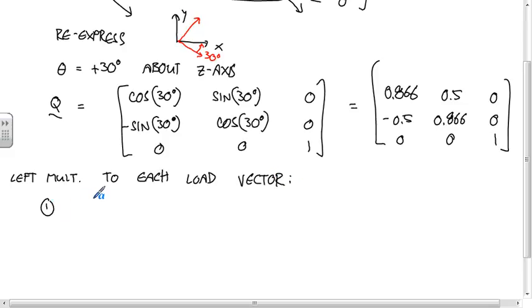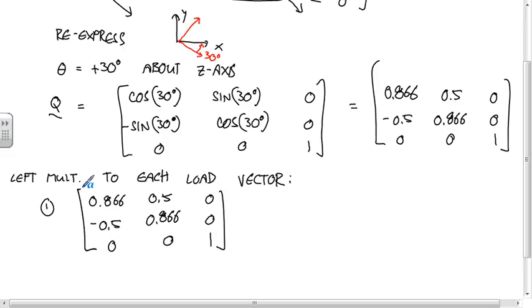If we go 0.866, 0.50, negative 0.5, 0.866, 0, 0, 0, 1, times that force RA, which is 16,991.4, 19,620, and then 0 in z.